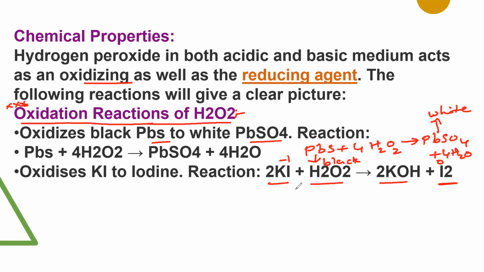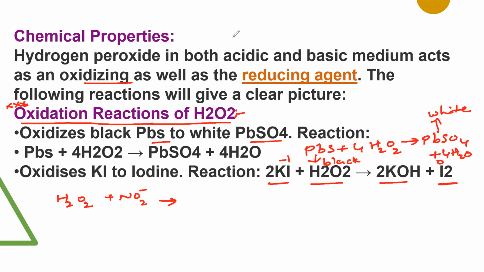It oxidizes black lead sulfide to white lead sulfate, and also oxidizes potassium iodide to iodine, and hydrogen peroxide also oxidizes nitrite ion to nitrate ion.